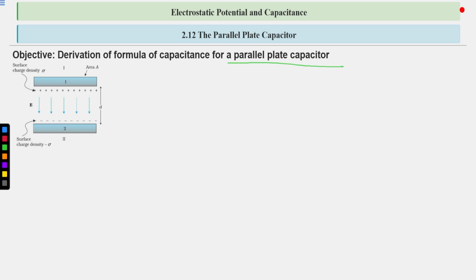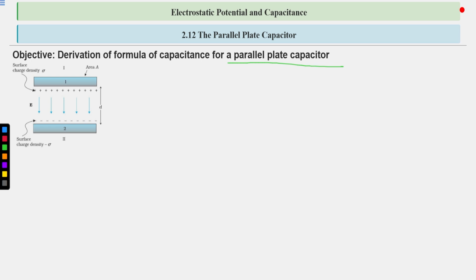One is at positive potential, one is at negative potential. Charge on one plate is plus Q, charge on the second plate is minus Q. As we have discussed, there are two conductors involved in the capacitor. One is positively charged, one is negatively charged. A potential difference is maintained between those conductors with the help of a battery.